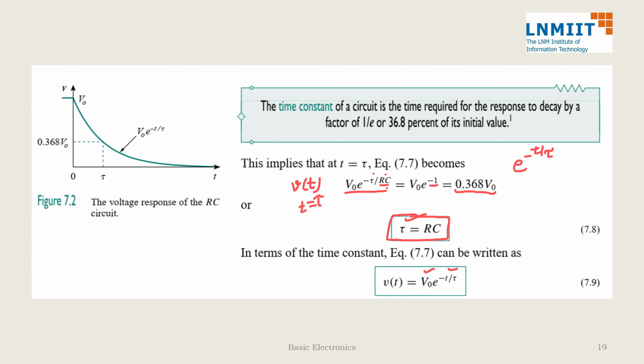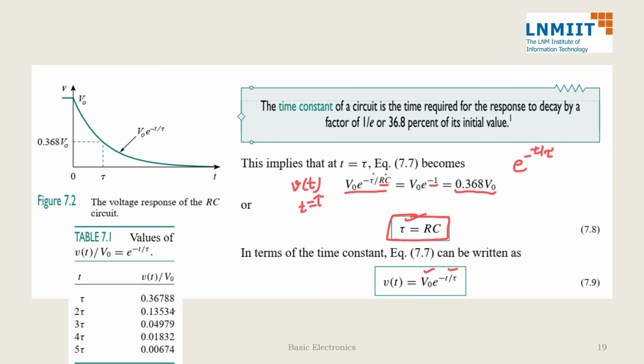And if I put t equal to 2 tau, 3 tau or 4 tau, then I can see that there is further decay. At almost 5 tau, it is just about 0.6%, that means almost decayed. So we can say that at t equal to 5 tau, the capacitor will be fully discharged.